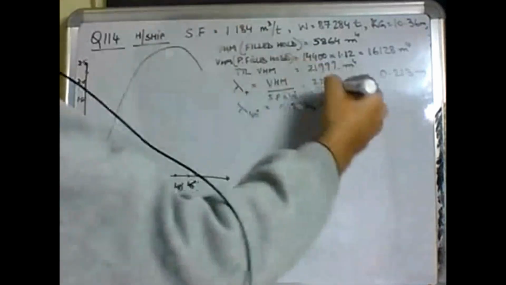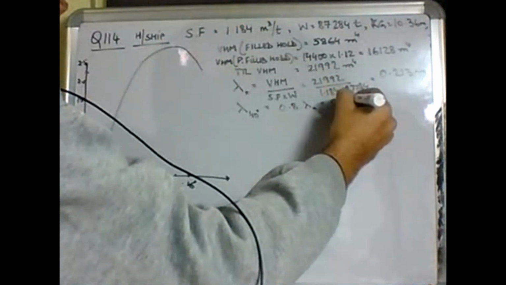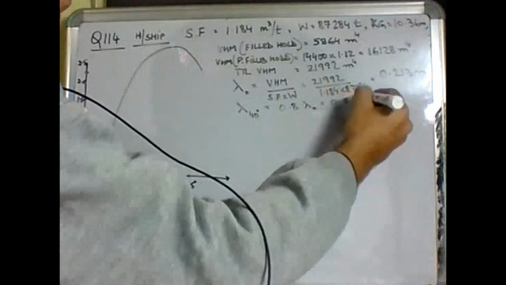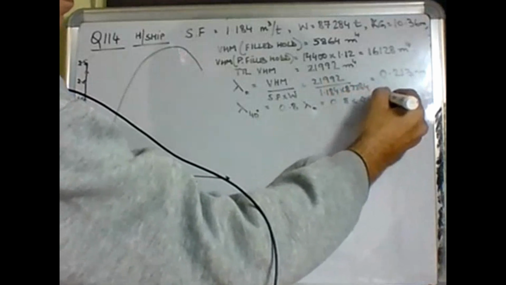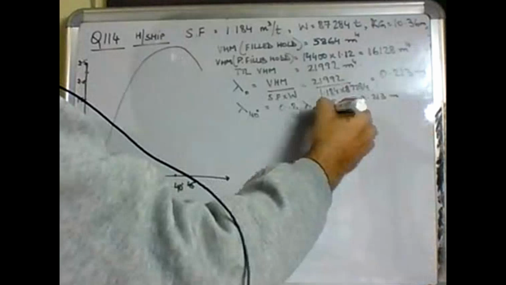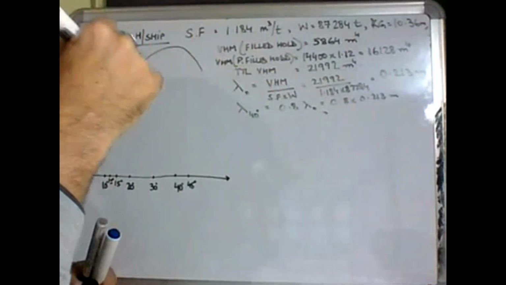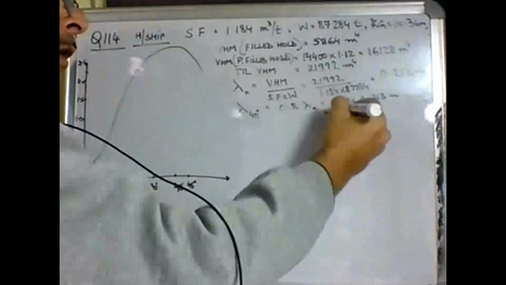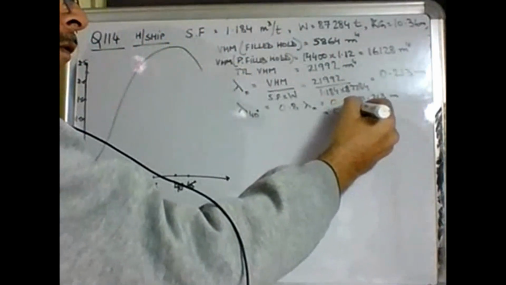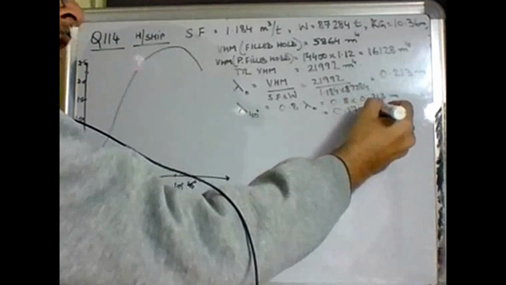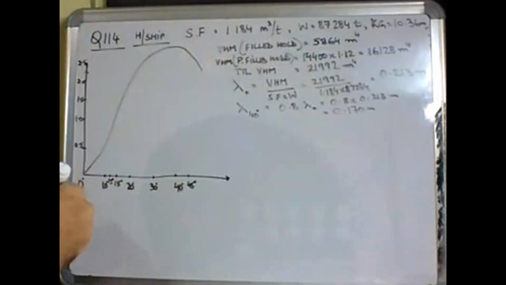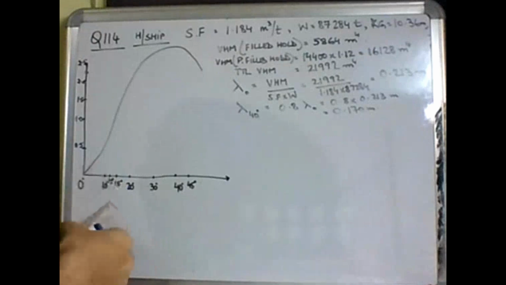So this is equal to 0.8 times 0.213, which is 0.170.